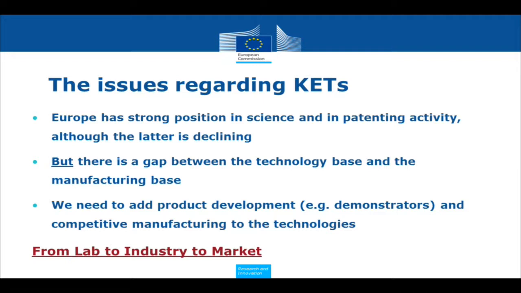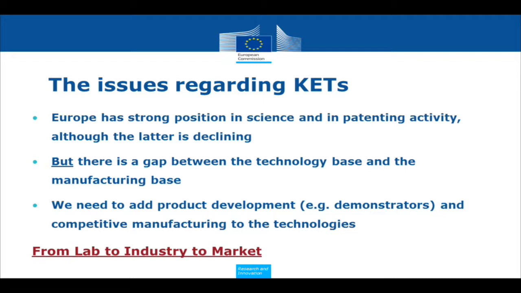And to do this, as you have already seen from the first work program and even the last two work programs of FP7, we are trying to add support for demonstrators and pilot lines at the medium to high TRLs, because we think that this is the main gap nowadays in moving from lab to industry and ultimately to products.